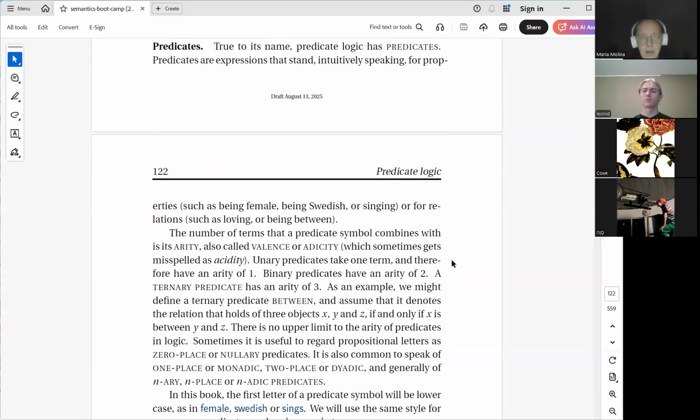But also predicates stand for relation, like loving, relations meaning a relation between two people, being sibling. These are relations. So properties or relation.